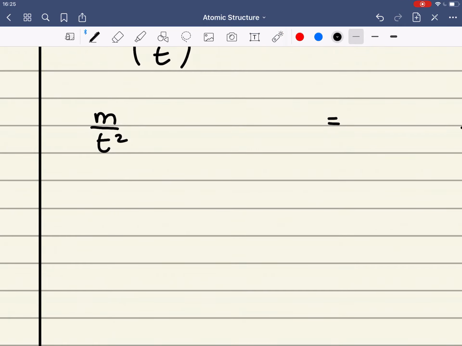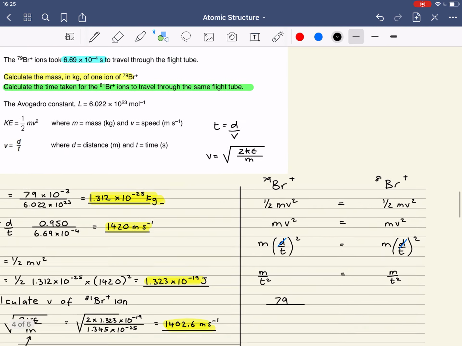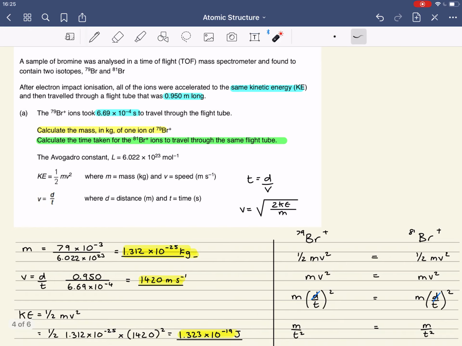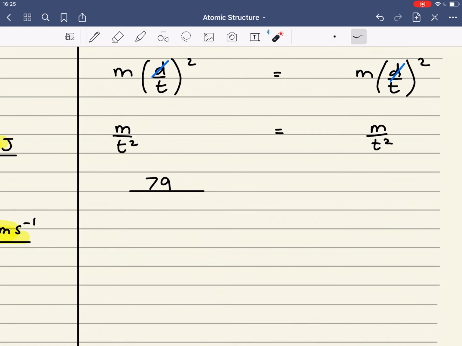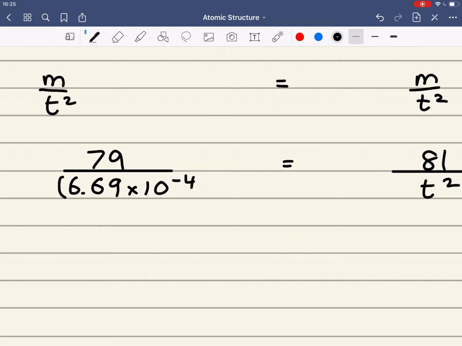So what I can get then is 79 divided by this time, and now we know this time, it's been given here. Time taken for the Br-79 ion to travel through the flight tube, that's 6.69 times 10 to the minus 4. That therefore is equal to 81 over this t squared value. I'll just be aware that this is actually squared there, sorry.